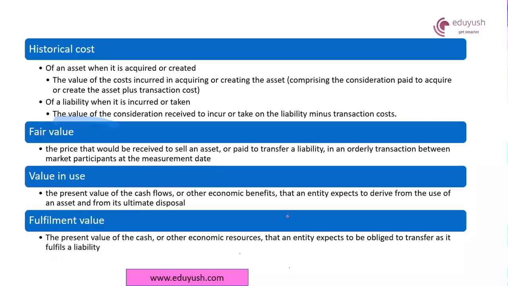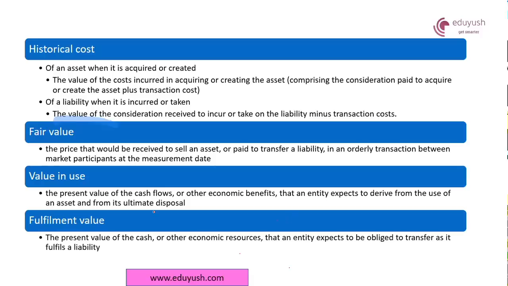Can you just in short explain the difference between fair value and value in use? What is fair value? Can you read it loudly? Value that would be received to sell an asset or paid to transfer a liability in an orderly transaction between market participants at a measurement date.